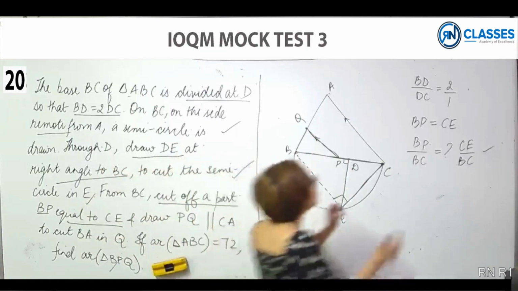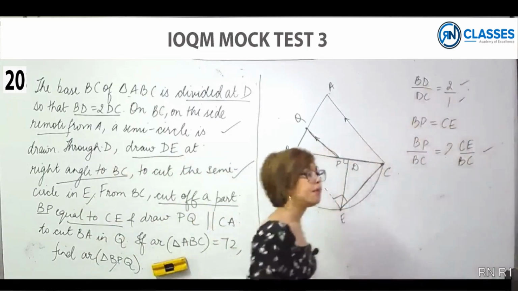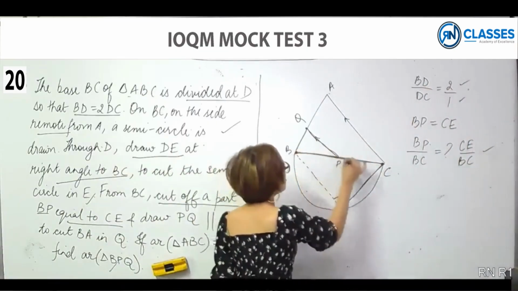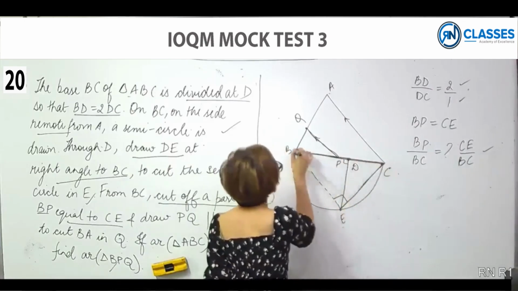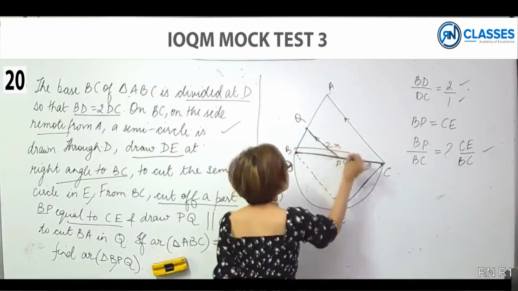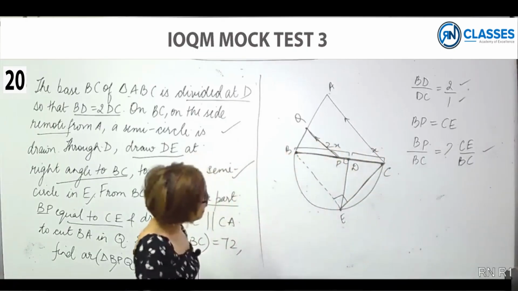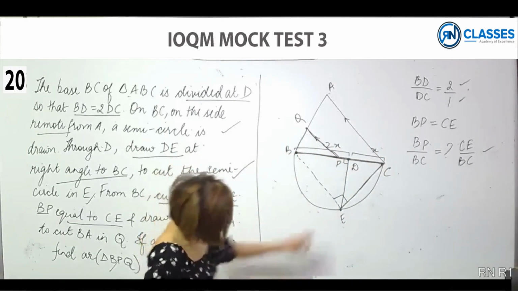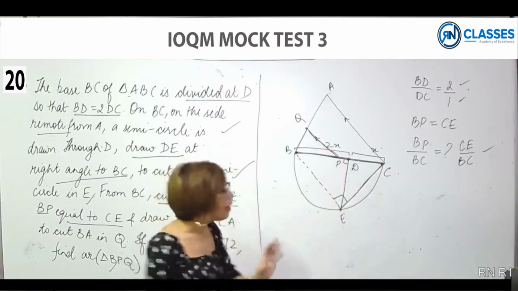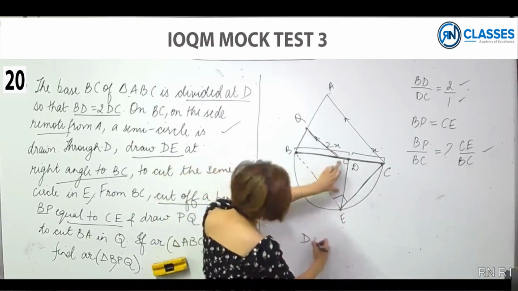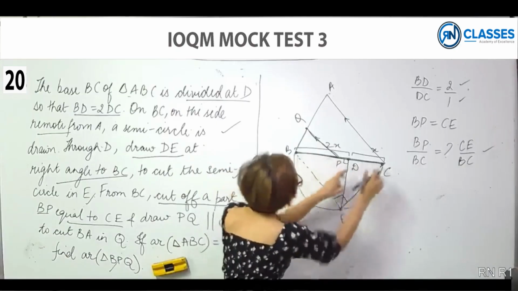Also, till now I have not utilized this fact 2 by 1. This is 2 is to 1. So maybe if this length is 2x, this length is x. Right? Okay. What else can I use? Now, this is 90, this is 90. We've already proven so many times that DE square is equal to BD into DC.